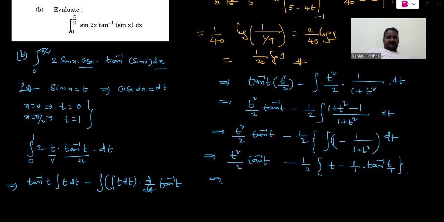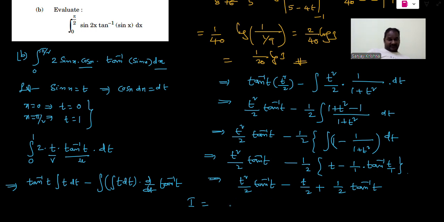So finally this is going to be t square by 2 tan inverse t minus 1 by 2 into t, plus 1 by 2 tan inverse t, since minus into minus is plus. Right? This is all about integral t into tan inverse t dt. But you have 2 also extra, right? So finally I is equal to this 2 and here 2, the 2 gets cancelled everything.